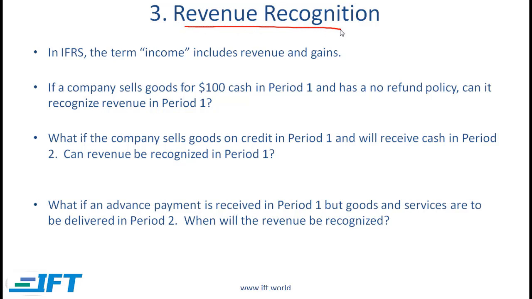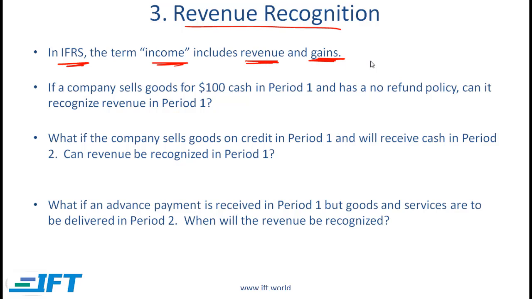Coming now to revenue recognition, which is a very important topic. Just as a general point, first of all, in IFRS, the term income includes both revenue and gains. And gains generally refers to gains on the sale of equipment or other long-term assets. So a company which is in the business of selling laptops will report a revenue number based on the sale of laptops.